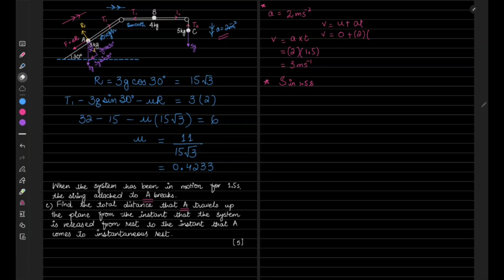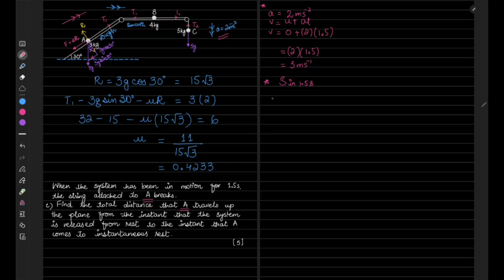This is a case of constant acceleration, so let's use the equation of motion rather than a simple v over t. So v will be equal to 0 plus 2 times 1.5.